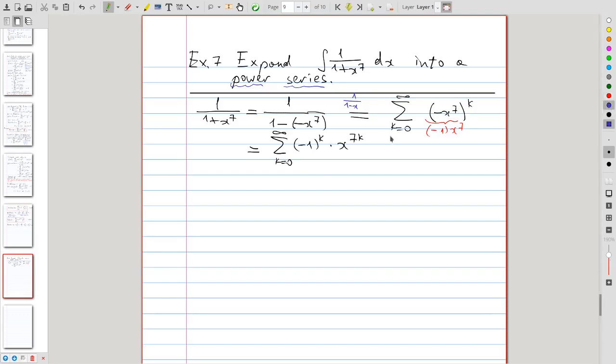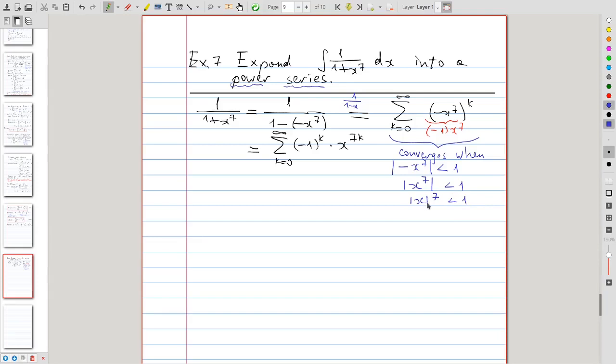And so it must therefore converge when the r in this geometric series has absolute value less than 1. This is the same as to say that absolute value of x to the 7th is less than 1.